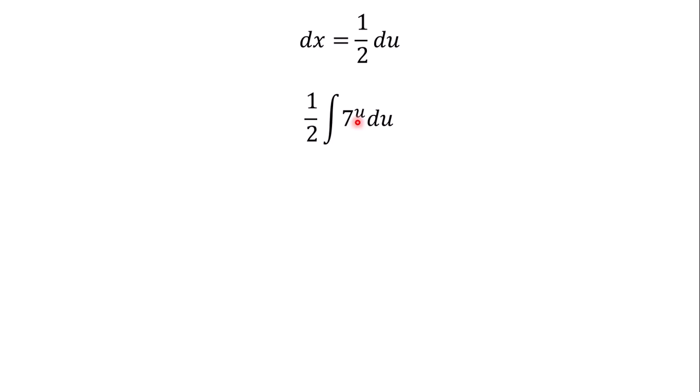7 raised to the power u. Will the substitution approach work here? It may, but it won't be all that easy. There might be some complex calculation.